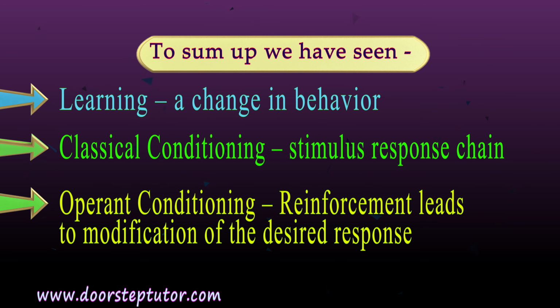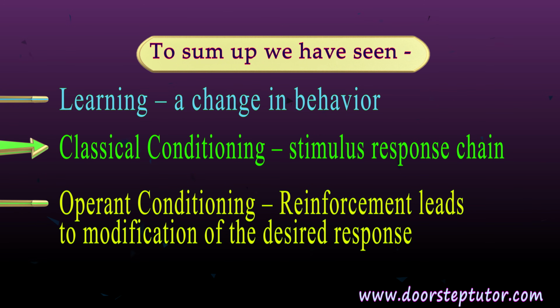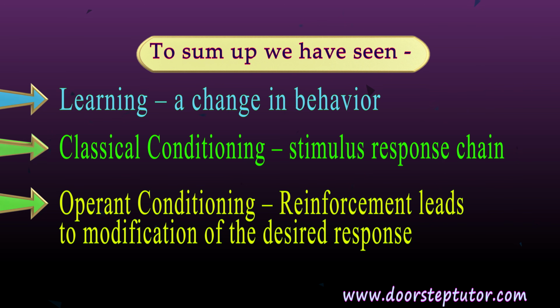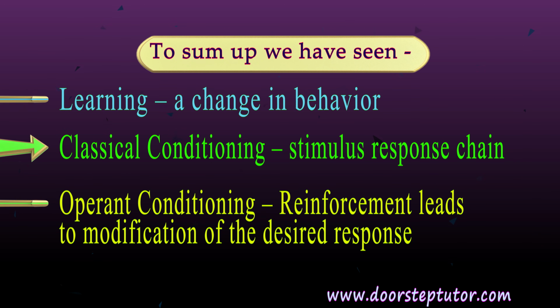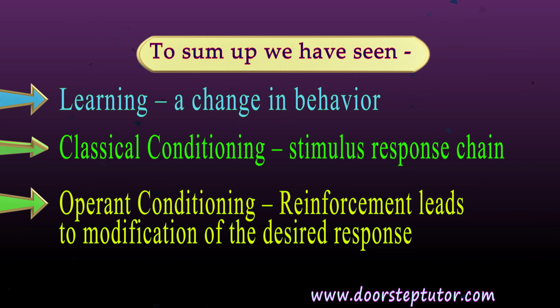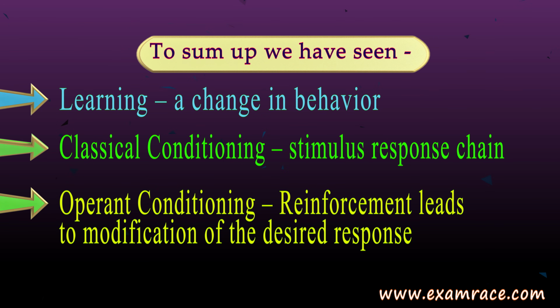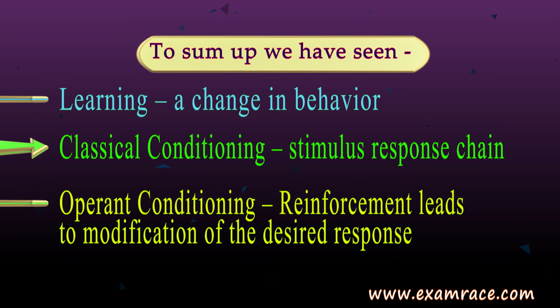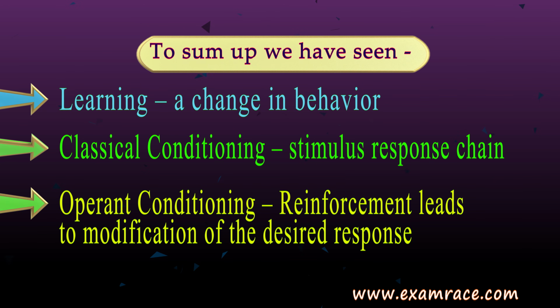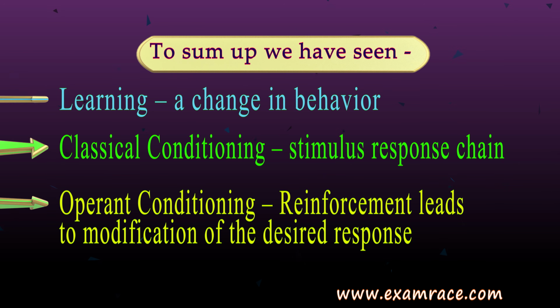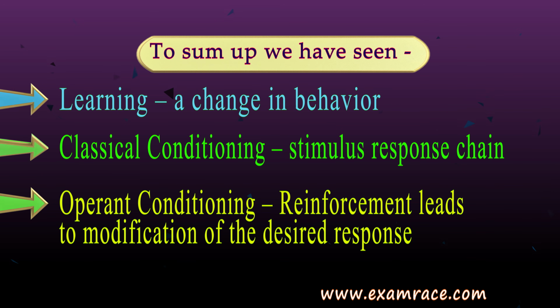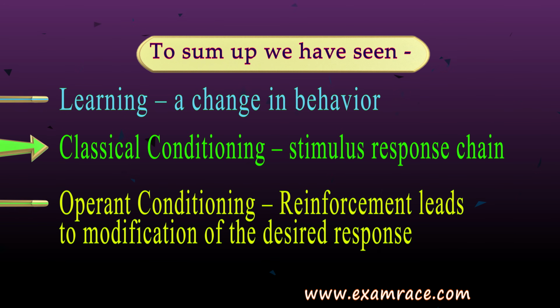In classical conditioning, a neutral stimulus is paired with another stimulus that elicits a reflex response, as we have discussed. And in operant conditioning, the organism operates upon the environment in order to satisfy some of its needs, leading to learning. Here we complete the highlights of behaviorism.